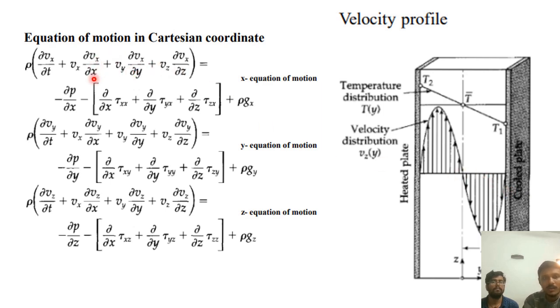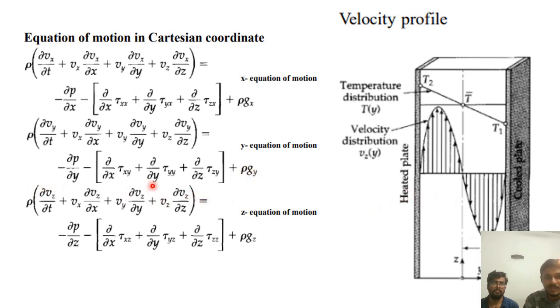Next, why will we only consider the z equation of motion and not the x and y equations of motion? The x equation of motion is not considered because there is no variation of velocity in the x direction. The y equation of motion is not considered because in the y direction also there is no variation of velocity, and end effects are neglected.